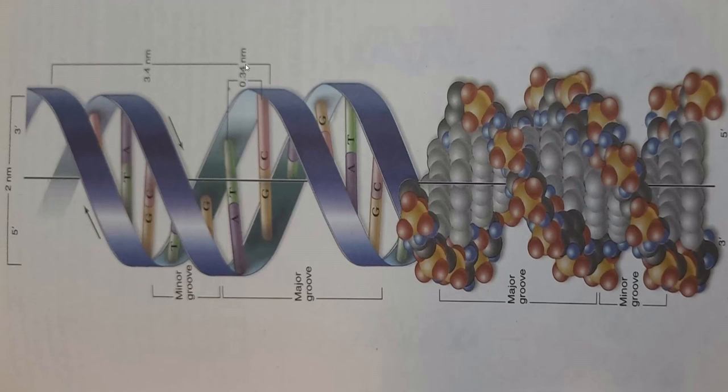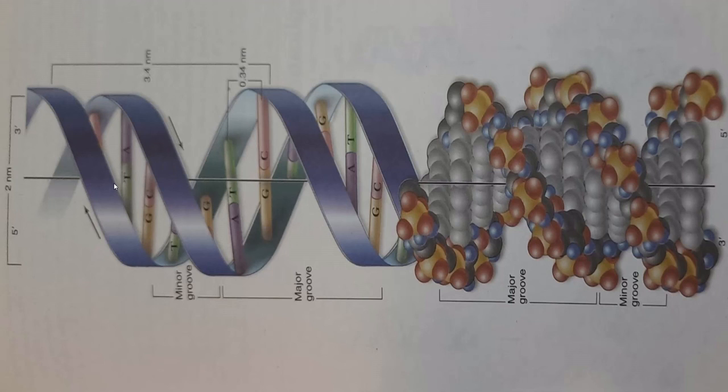0.34 nm is the distance between 2 base pairs, and one helical coil which consists of 10 such base pairs is 3.4 nm long.